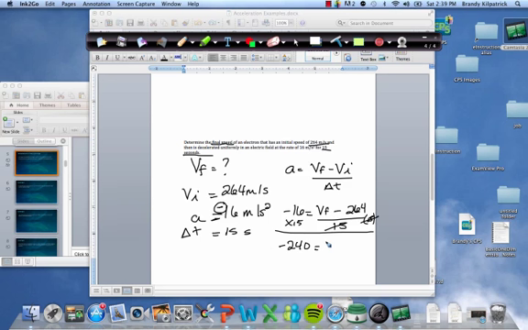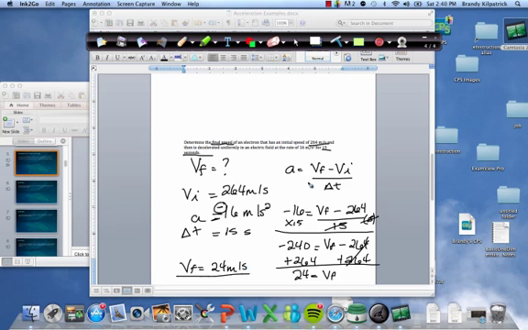So now we have that is equal to Vf minus 264. In order to get rid of the 264, we're going to add 264 to both sides. Negative 240 plus 264 should give me 24. And that's my final velocity. So my Vf is equal to 24 meters per second.